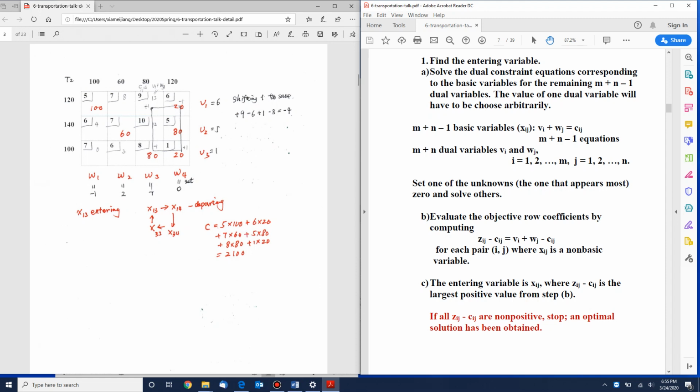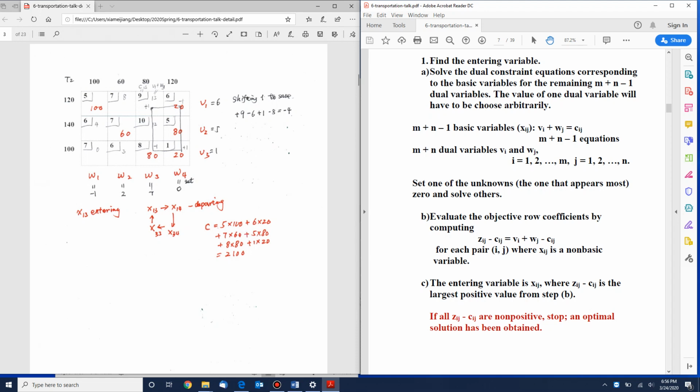Okay, once we get them, you don't have to calculate zij separately, because we use vi plus wj for those non-basic variables. So you find that x12 is a non-basic variable, so z12 equals v1 plus w2.